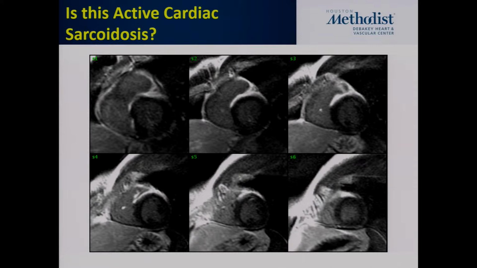Now, once we make that diagnosis, when you see this scar, you want to know if this scar is active inflammation or this is someone who had inflammation many years ago, and now he's just had the sequelae of that inflammation, which is the scar, but it is not active. So with MRI, there are some tools that you can do that, but with PET, I think we have higher sensitivity to achieve that in terms of assessment of active inflammation versus old scarring.